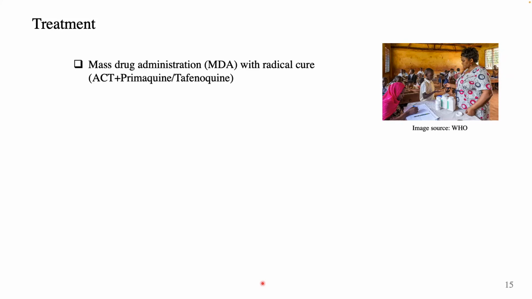The conventional way of treating individuals is to screen individuals who are infected and then give them the drug. But mass drug administration gives the drugs to the whole community regardless of infection status. This is used because the screening process is too complicated, since it's very hard to detect the hypnozoites.